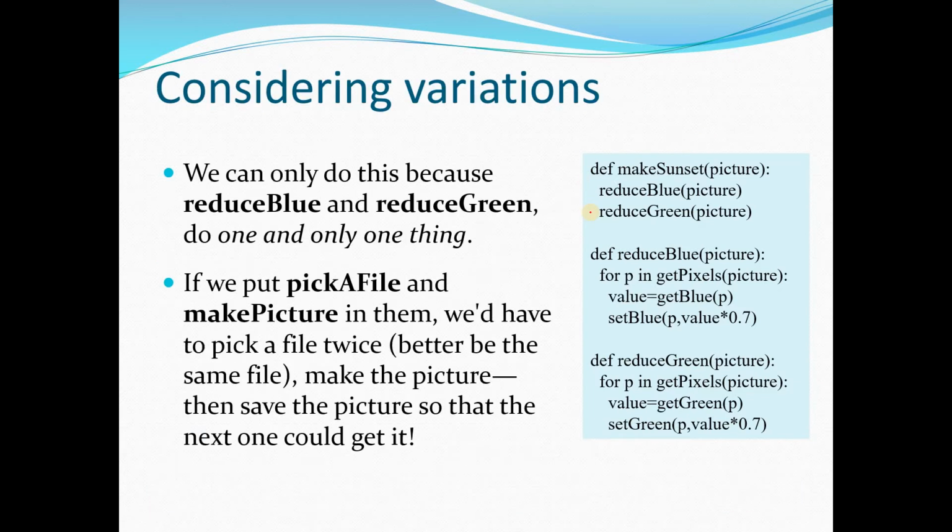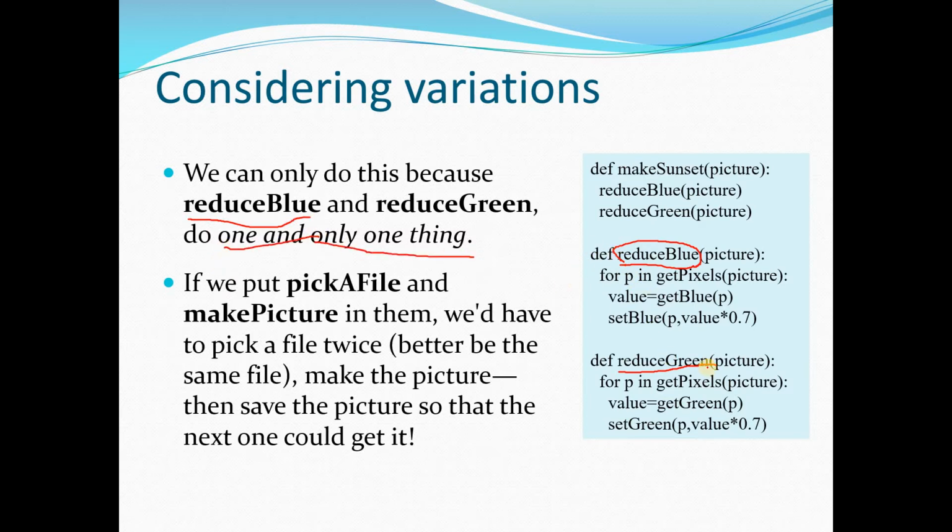And so if you see this code, the variations, the two code types, we can only do this because we created two functions, reduce blue and reduce green. These two functions are each doing a separate task, one unique task. Only one thing they are doing, one and only one thing.